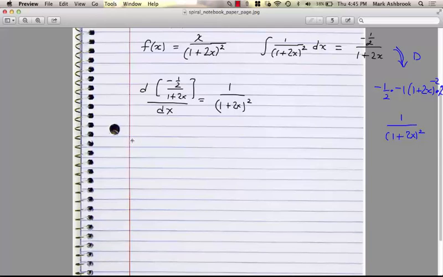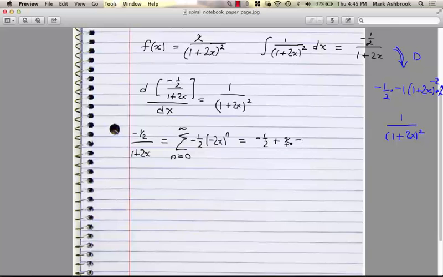Okay, so we want the power series for negative 1/2 over 1 plus 2x. It's going to be negative 1/2 times negative 2x to the n. That should be easy. We could write out some terms here. So it's going to be negative 1/2. N equals 1. Is that just x to the 1? N equals 2.